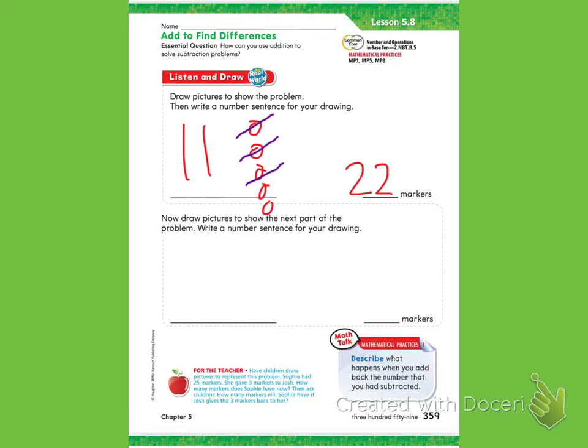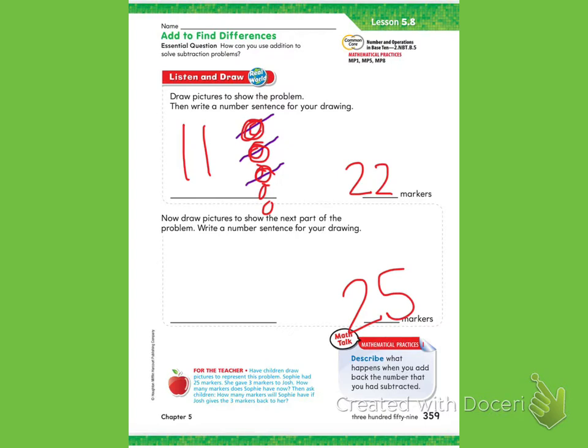In that case, we would get these back again, and we would still have 25 markers.